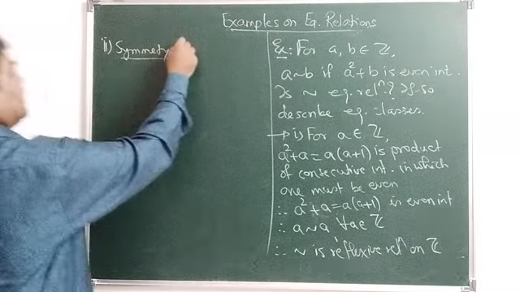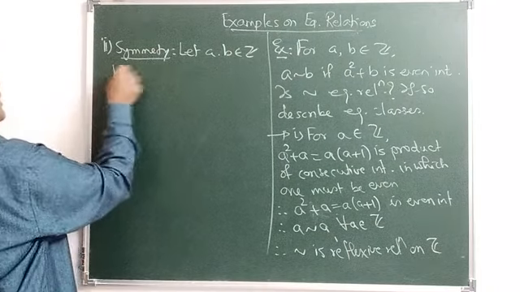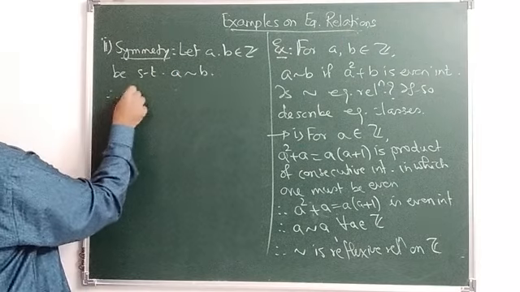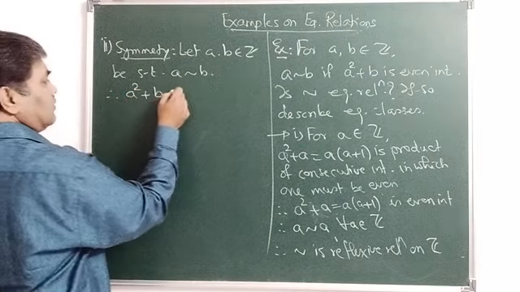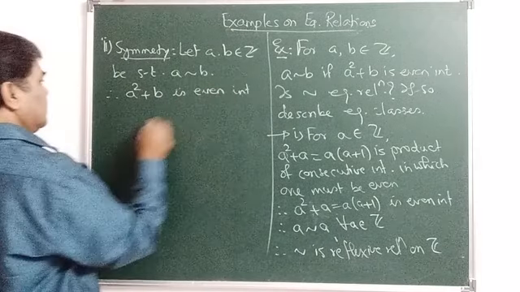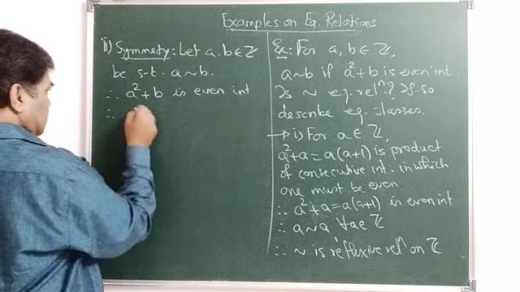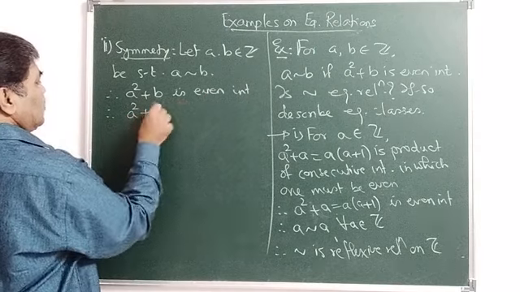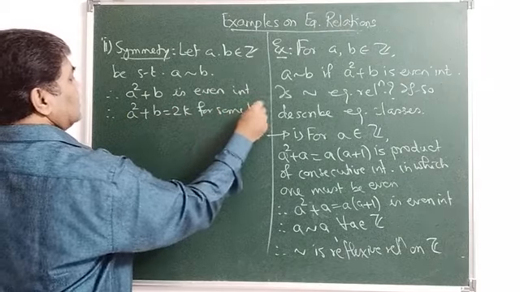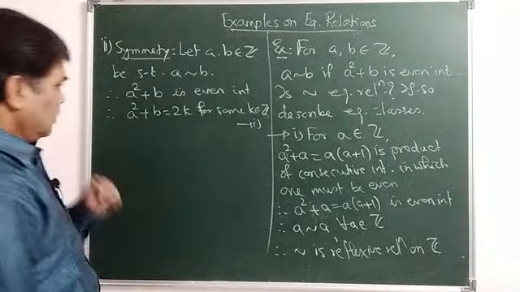Second, symmetry. Let a, b belongs to Z be such that a is related to b. Therefore, a square plus b is an even integer. Therefore, a square plus b is equal to 2k for some k belongs to Z. As it is even, it is a multiple of 2.